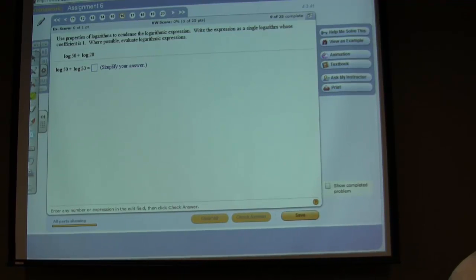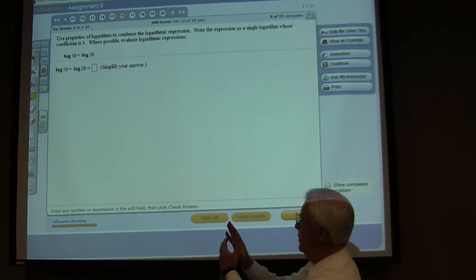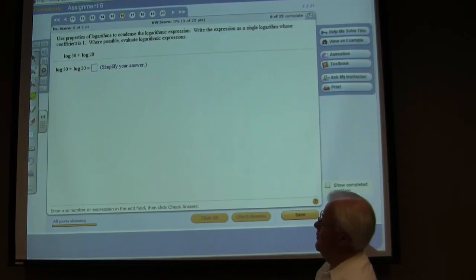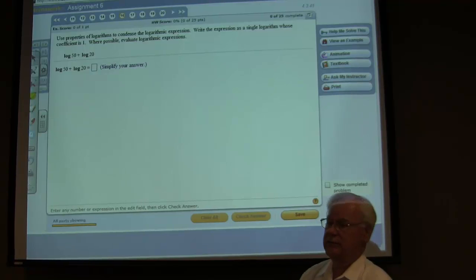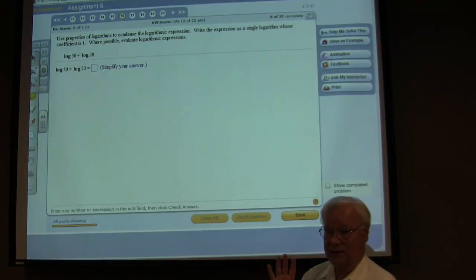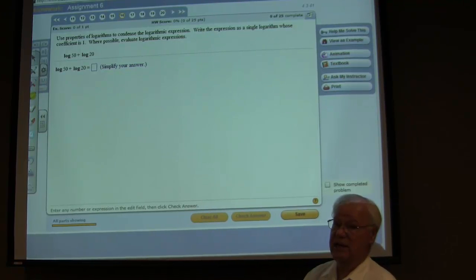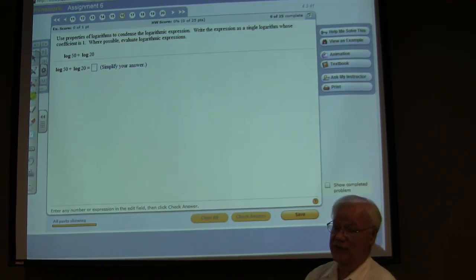Now what if we were going to go the other way and condense? Meaning put it together, shrink it. Well, we have the log of 50 plus the log of 20. There's no little number down by the log. When you do not see a little number down by the log, you can correctly assume that it is base 10. So this is the exponent you put on 10 to get 50.